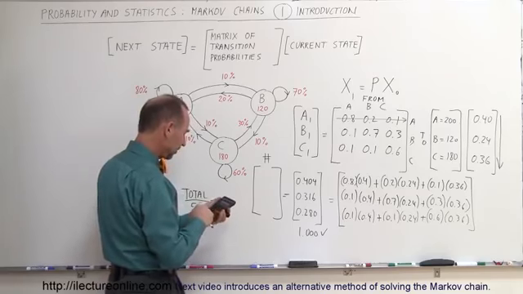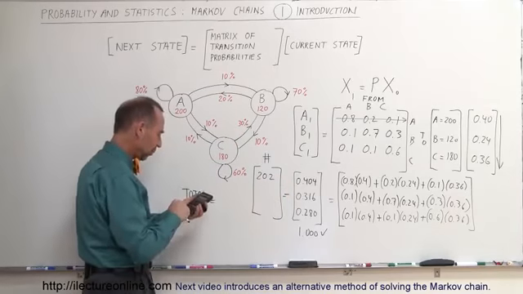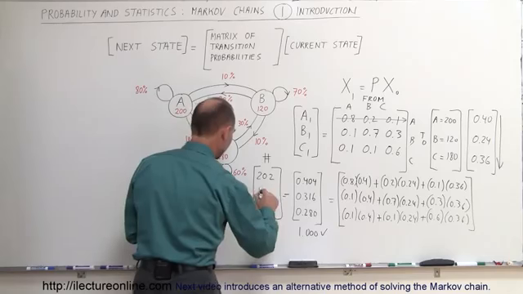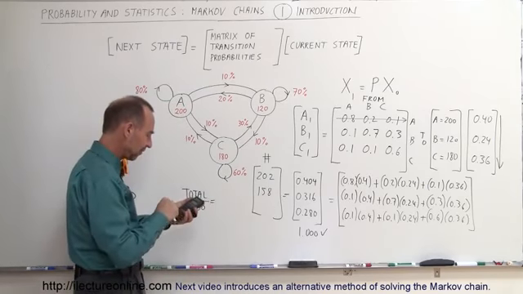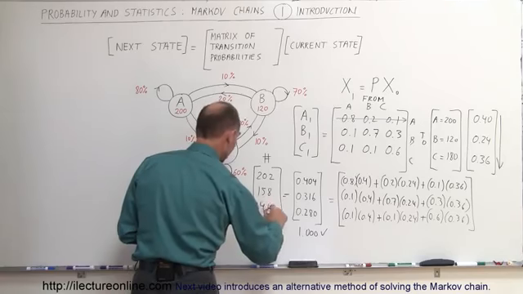And so I get 500 times 0.404. So I get 202 customers in this store, 0.316 times 500, I get 158 going to this store, and 0.28 times 500, I get 140 going to this store.